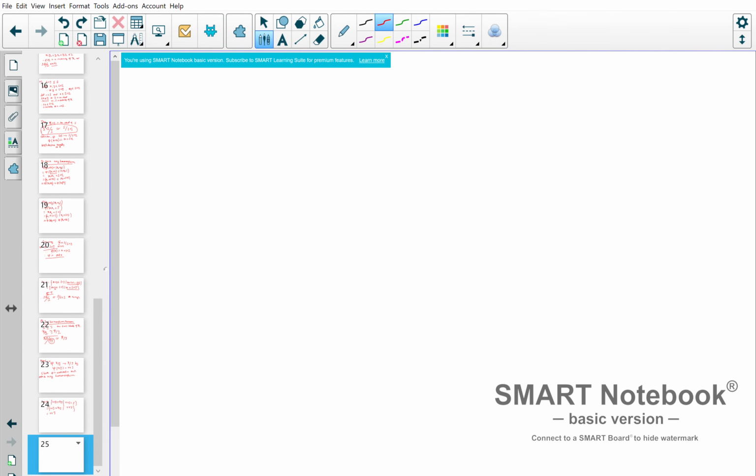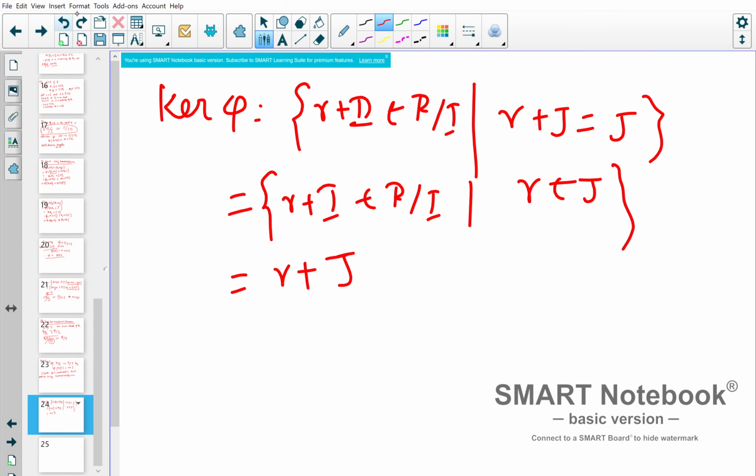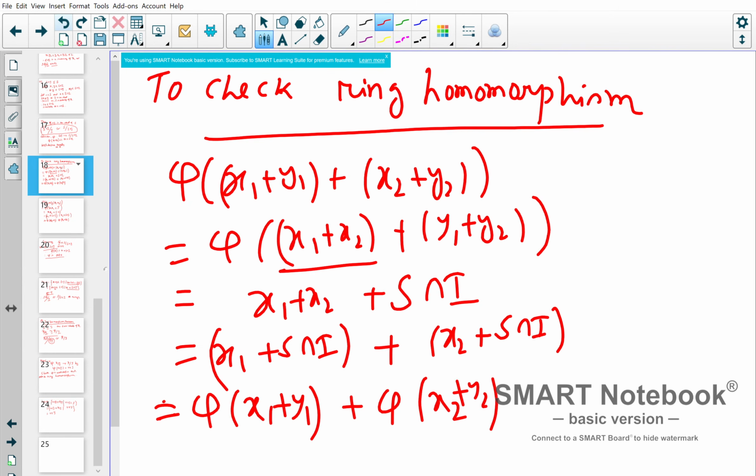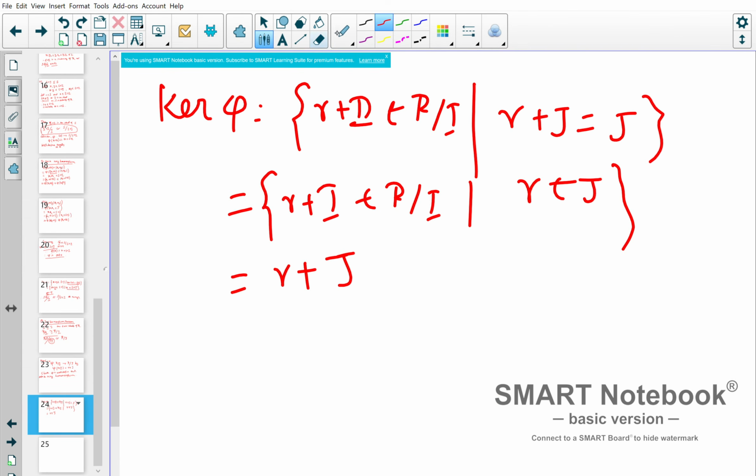I mean to say that r the elements of J. So what does that mean? That means J mod I, right?